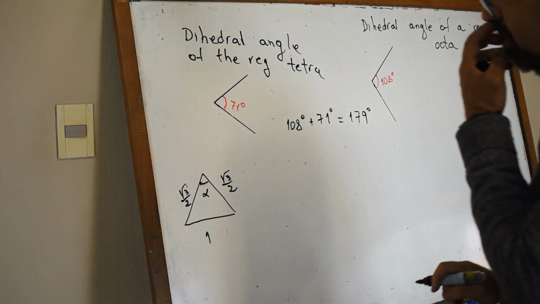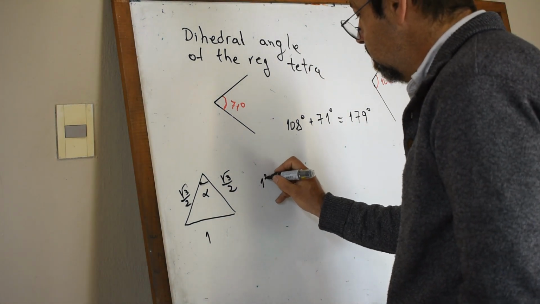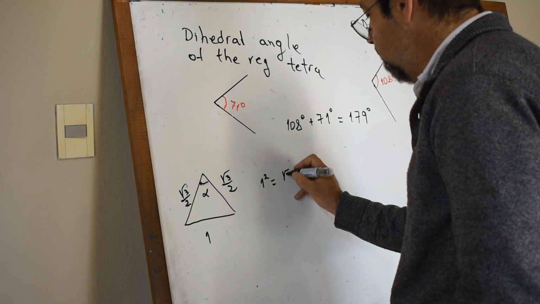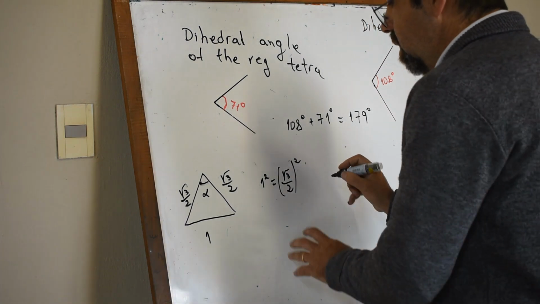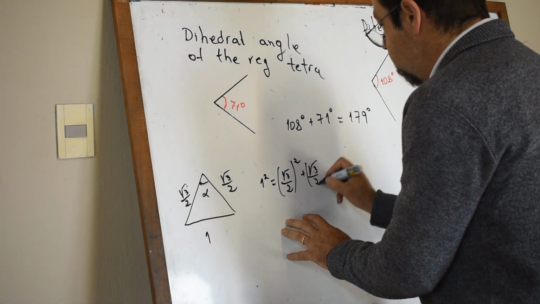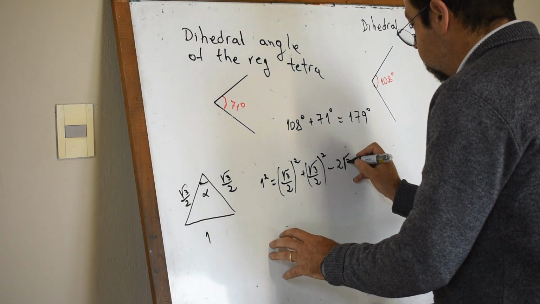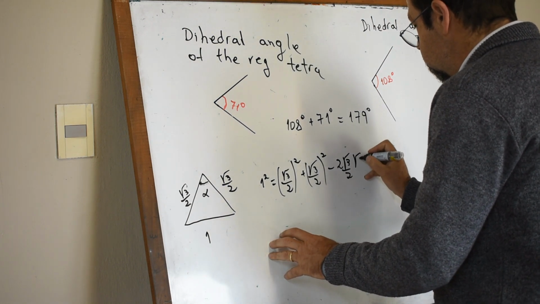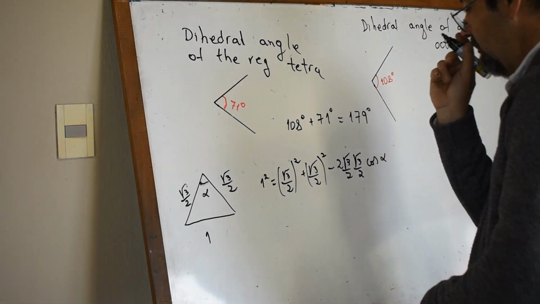By the theorem of cosine, it's 1 squared equals square root of 3 divided by 2 squared plus square root of 3 divided by 2 squared minus 2 times square root of 3 divided by 2 times square root of 3 divided by 2 cosine of alpha.